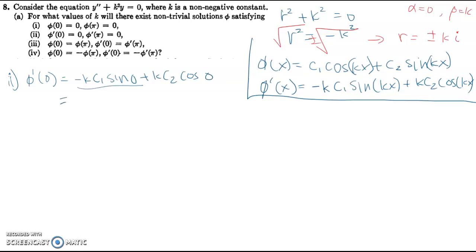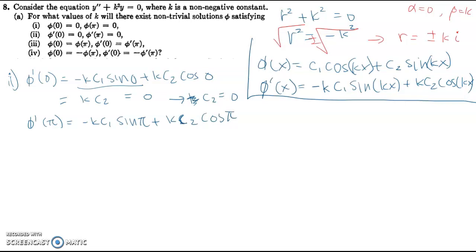So this part is gone because it's 0, and cosine of 0 is 1, so we have k C2 equals 0. So here we can divide both sides by k and get to the solution that C2 is 0. Doing the same thing, let's plug in pi. So that's negative k C1 sine of pi plus k C2 cosine of pi.